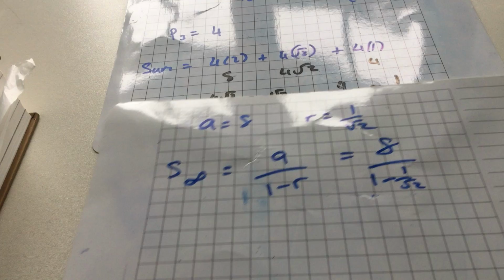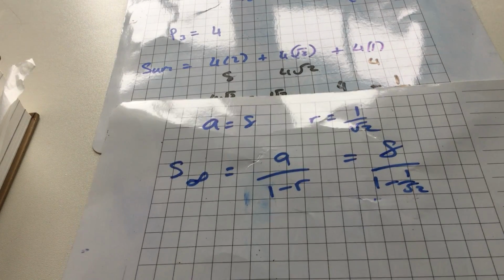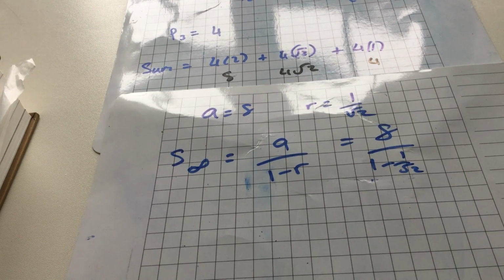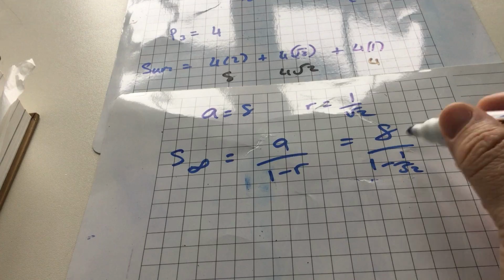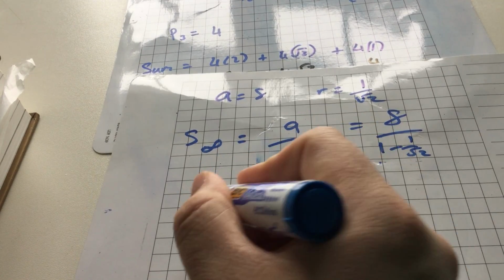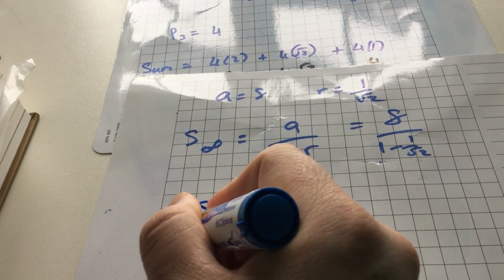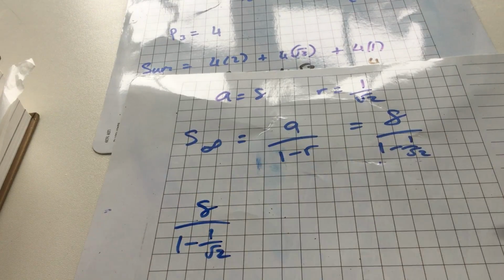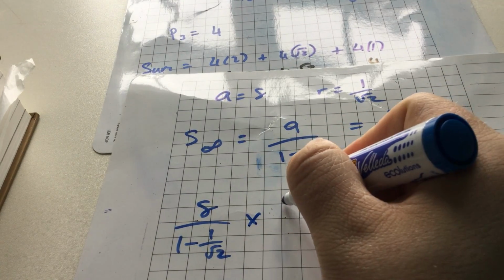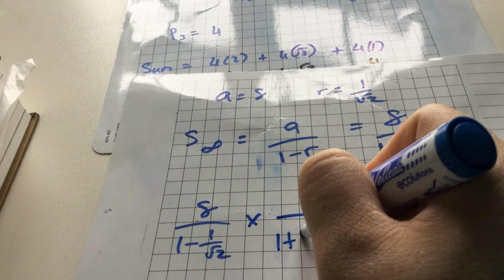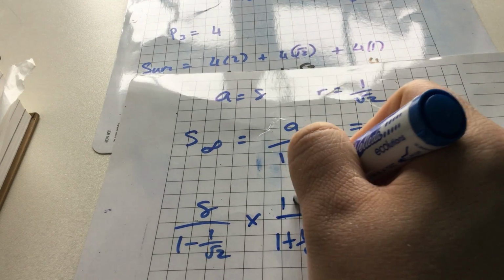Now, that is not how it's going to be written in the answers, because we always want to rationalize the denominator. So this is bringing it back to our algebra, rationalizing the denominators. Multiply top and bottom by the conjugate of the denominator.